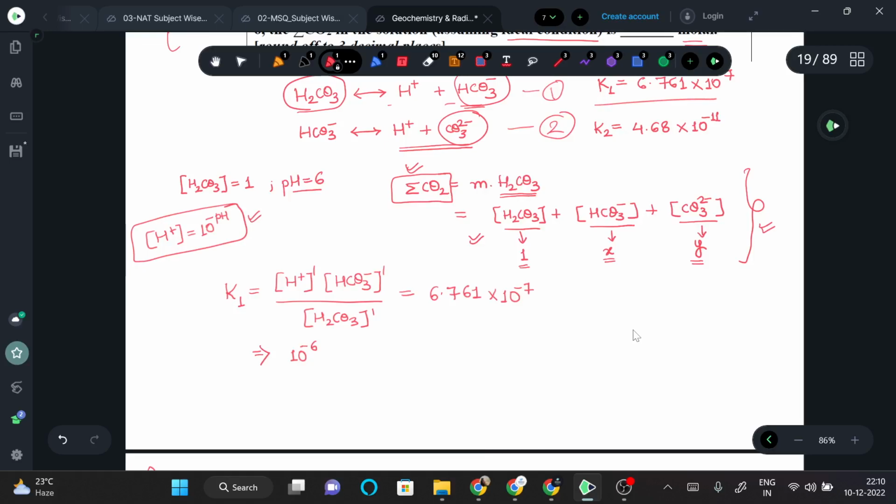This is coming from that log formula. Do you remember this? We have pH as 6. So the H plus concentration is 10 to the power minus 6, into HCO3 minus, which we have taken to be X. Let's keep it X so that we don't have to write the bigger term again and again. H2CO3 concentration is also given to you as 1.